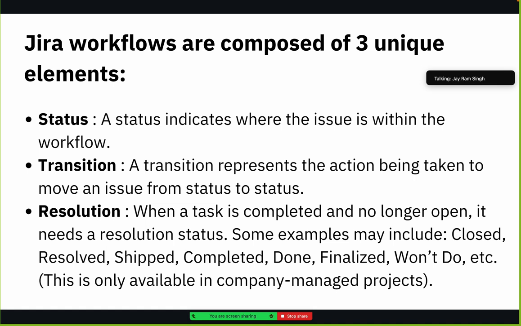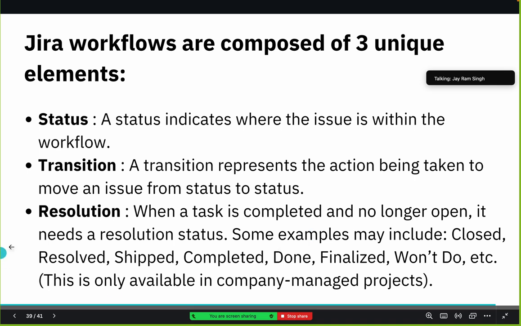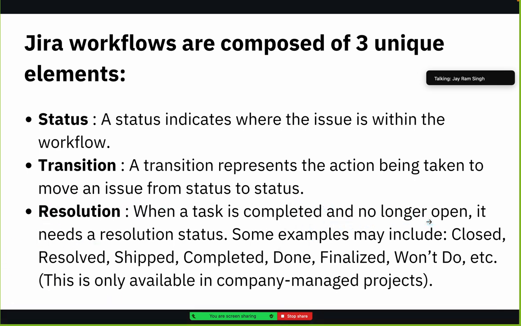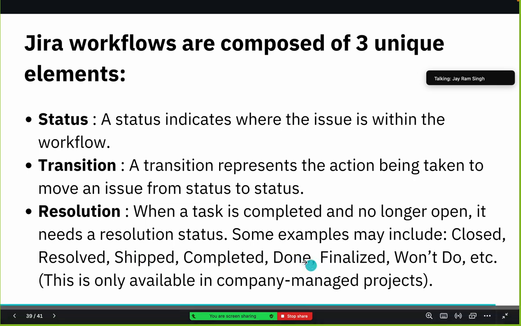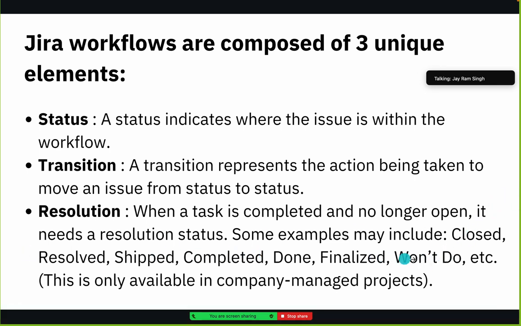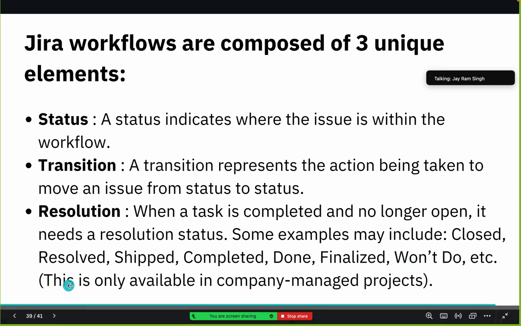And then resolution: this task has been completed and is no longer open, so it will not be allowed to open. It needs a resolution status. Some examples may include closed, resolved, shipped, completed, done. We can also create this according to our need. And this done is only available in company-managed projects.